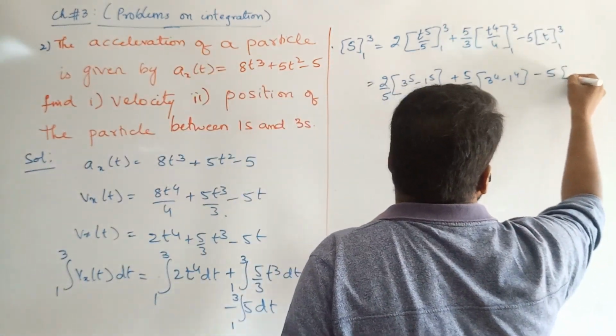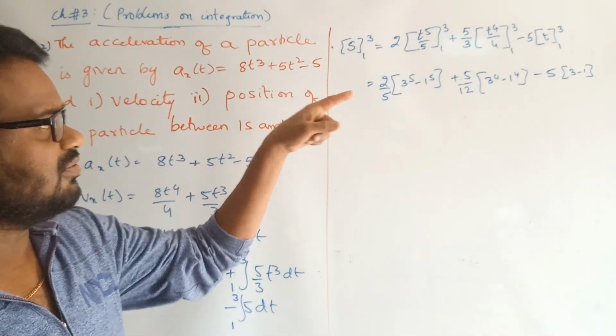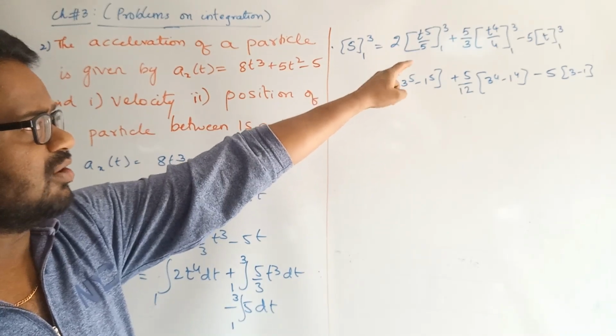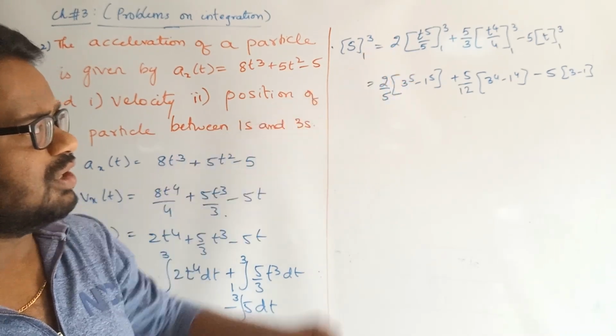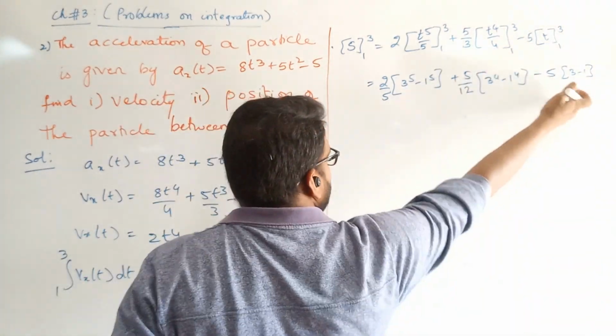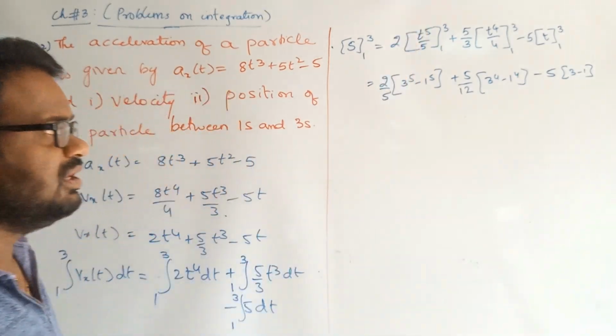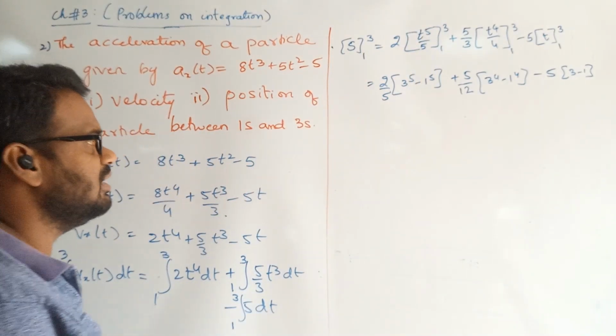Minus 5 times of 3 minus 1. Upper limit is 3, lower limit is 1, and the limits are always the same. Only the power changes according to the term present. There is no cube term, so no t cube term has occurred.